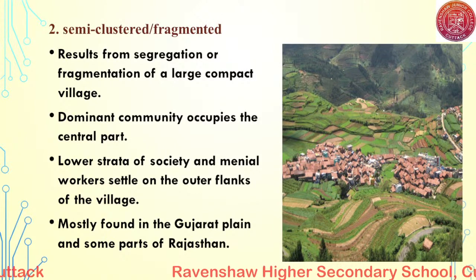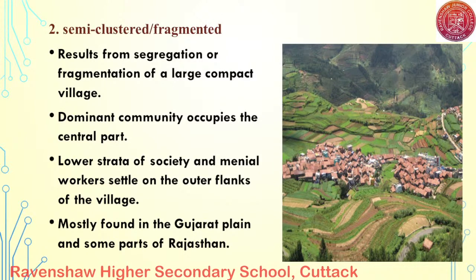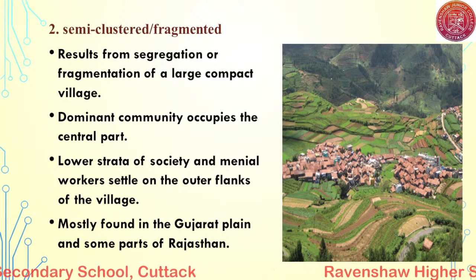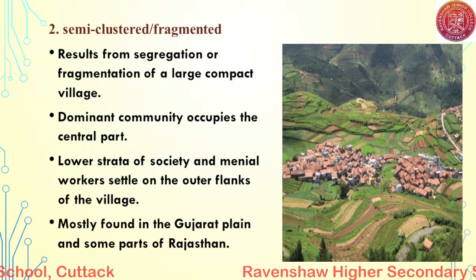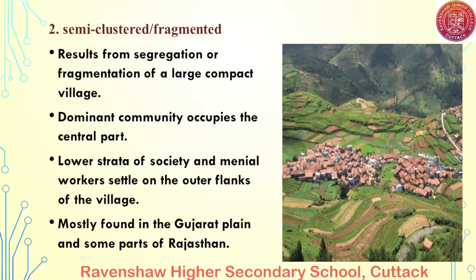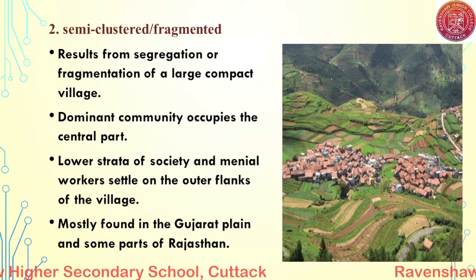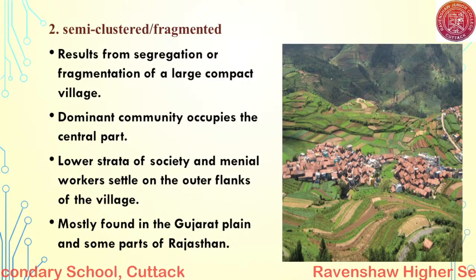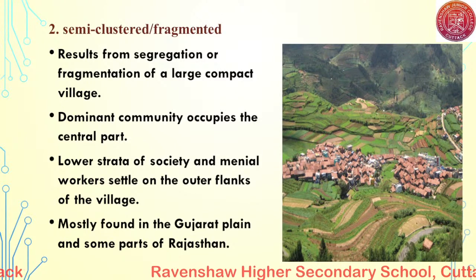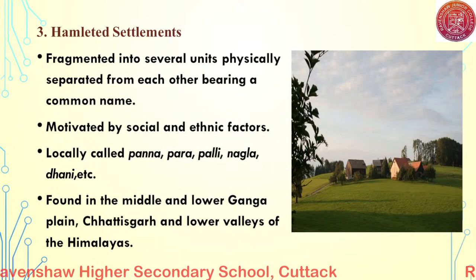And the lower strata of the society, that is your manual workers, usually settle on the outer flanks of the village, that is away from the center of the village. Mostly the semi-clustered or fragmented rural settlements are found in the Gujarat plains and some parts of Rajasthan. This is about the semi-clustered or fragmented rural settlements.